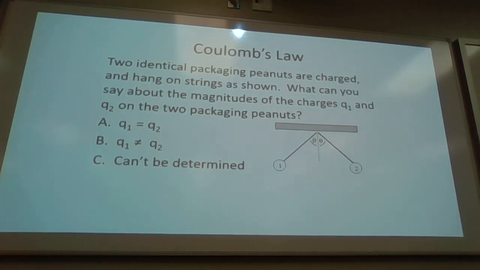Okay, we know that they have the same type of charge. We've already established that. But what this question is asking for is which one has the greater amount, or how do their amounts of charge compare? Tell your neighbor.